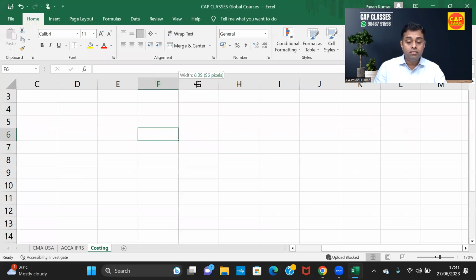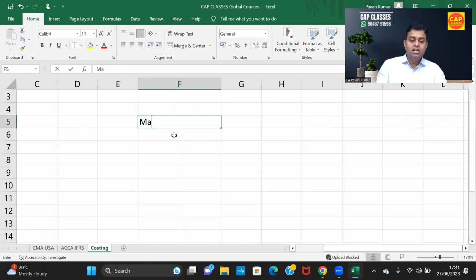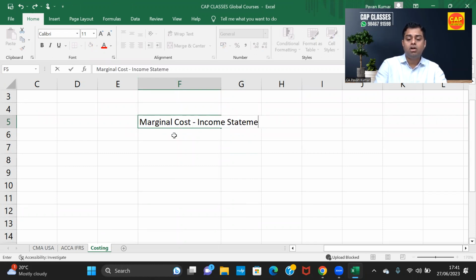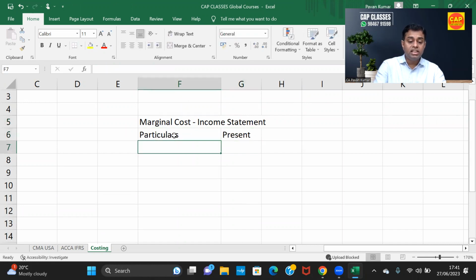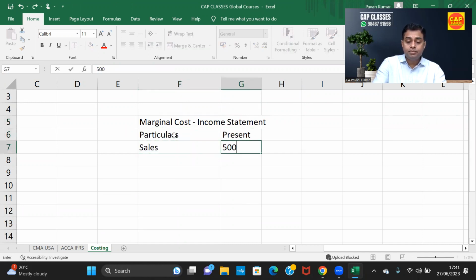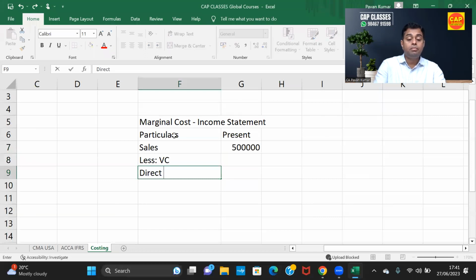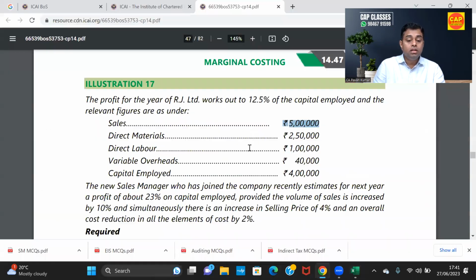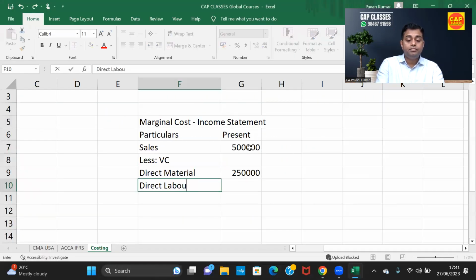So we'll put the heading. This is nothing but marginal costing income statement. This is called income statement as per marginal costing technique. Particulars, present situation, sales is given, 5 lakhs, less variable cost. Under that, they have given direct material 2,50,000, then direct labor 1 lakh, then variable overheads 40,000.